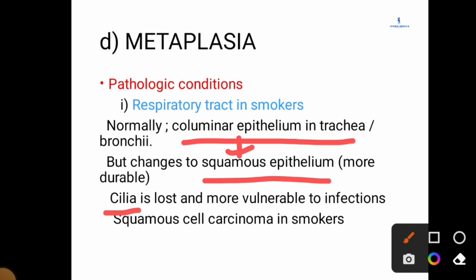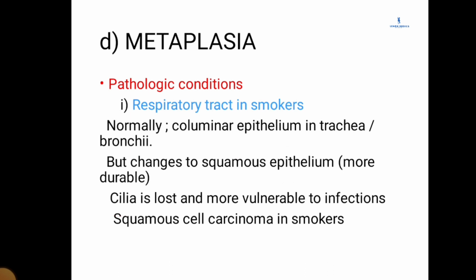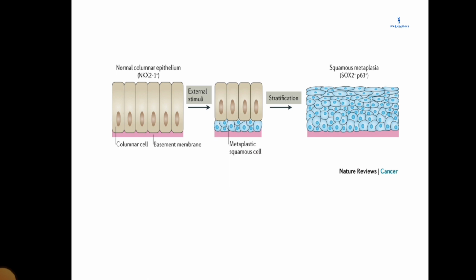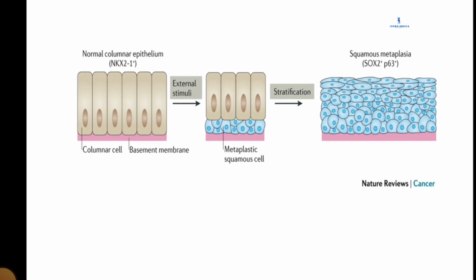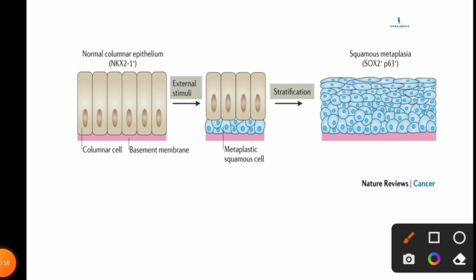It is due to the metaplasia of the upper respiratory tract in smokers. Here we can see the normal columnar cell, which, due to external stimuli, leads to the metaplastic squamous cell, and this squamous metaplasia occurs.